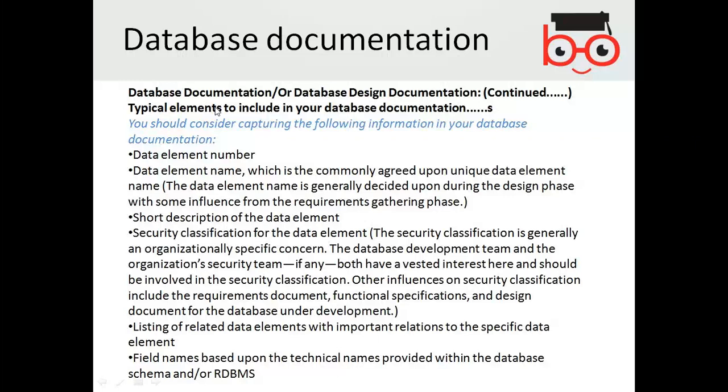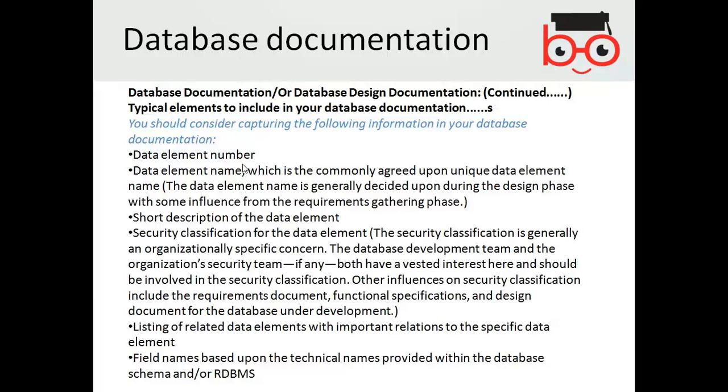Database documentation or database design documentation, continued. Typical elements to include in your database documentation are the following: data element number. Previously we discussed that there can be different elements in the database, like entities, relationships, and associations.